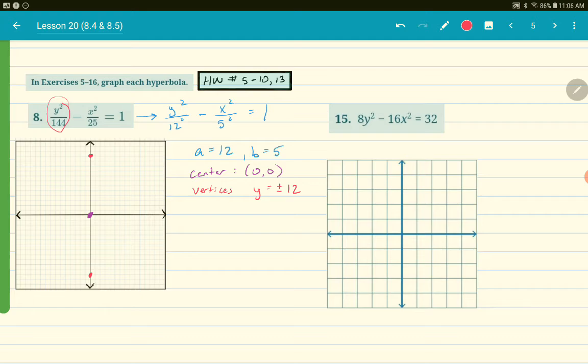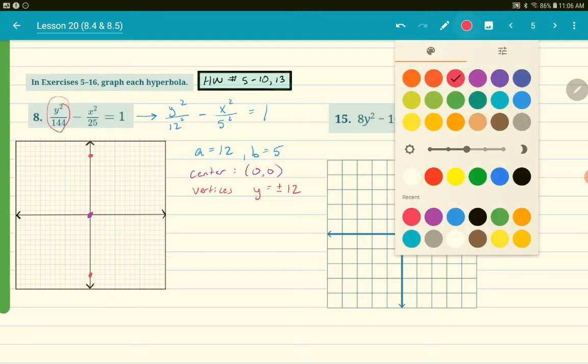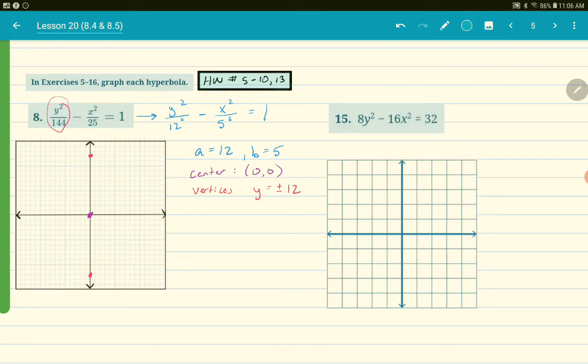And then I also want to draw my other would-be vertices to get my box width. So that's plus or minus 5. That one really gives me my box width. So plus and minus 5 is here and here. I should say x, yeah. Okay, good. All right, so now I've got all my vertices or would-be vertices.